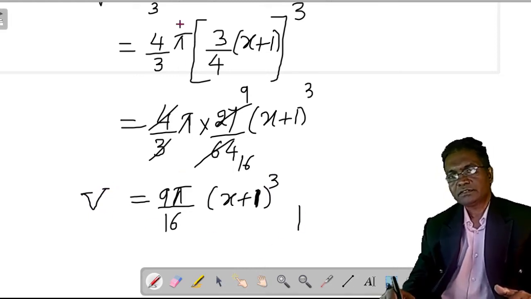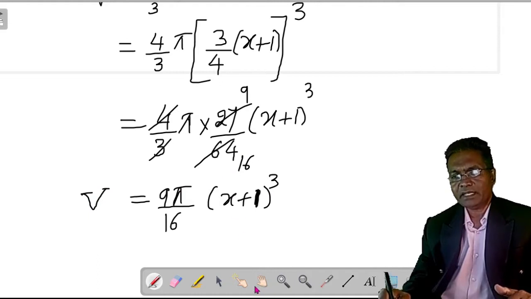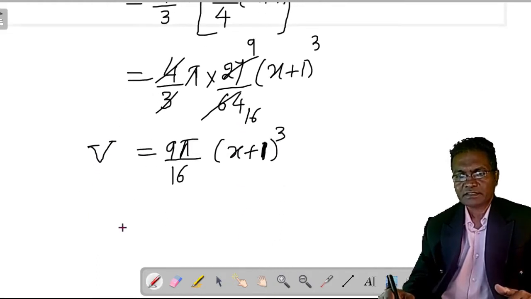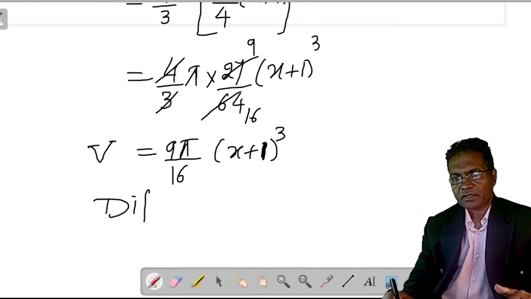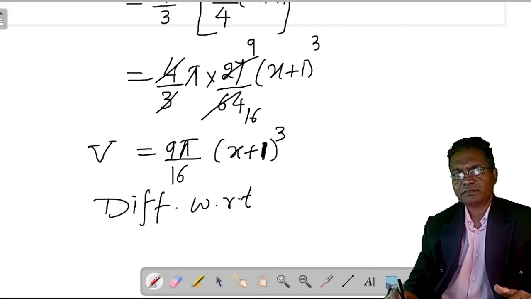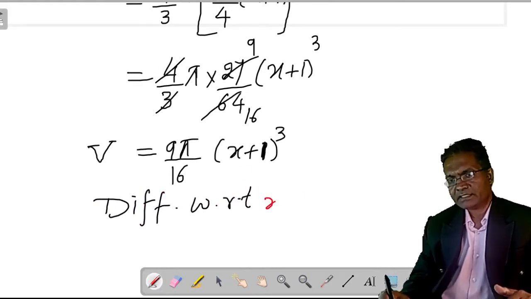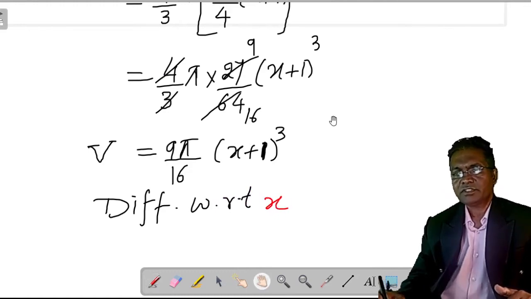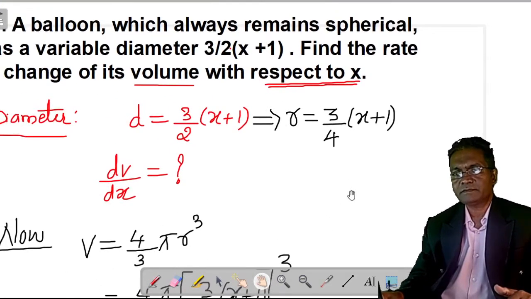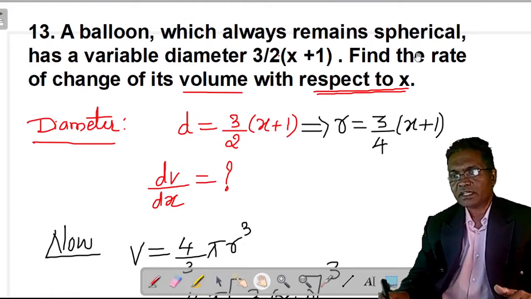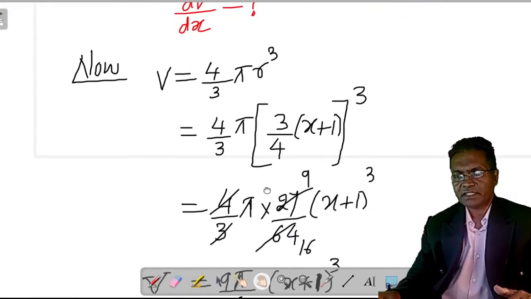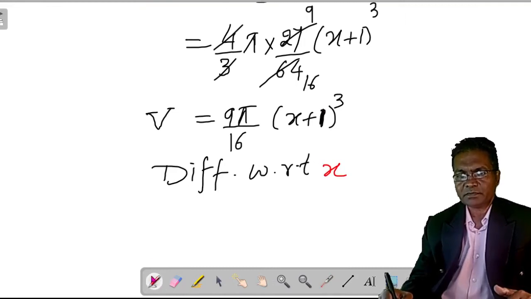So now we need dv by dx. Differentiate with respect to x, because, look at the question, you are asked the rate of change of its volume with respect to x.